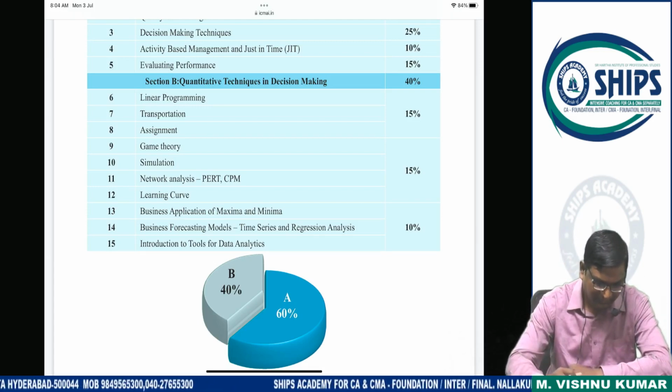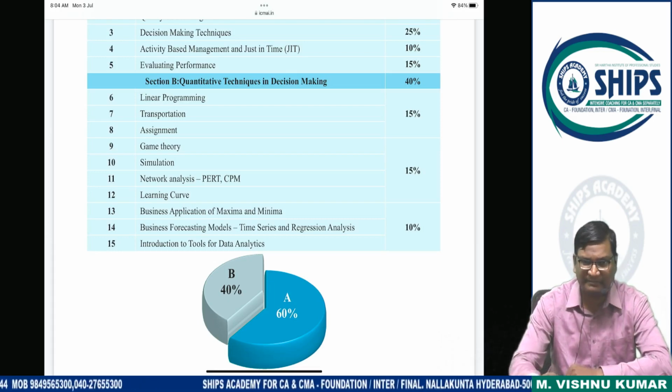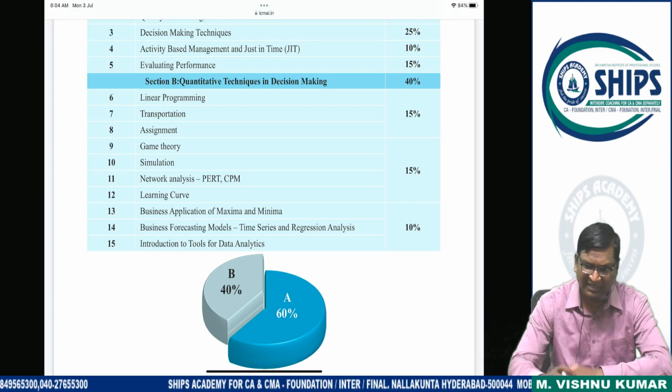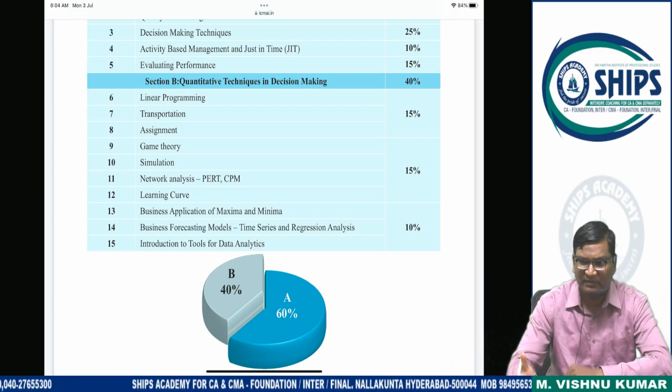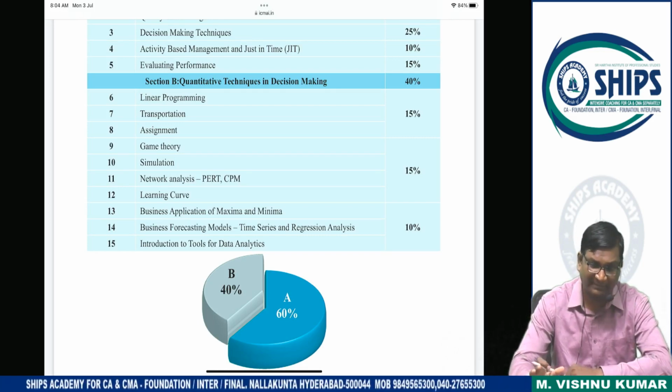After CMA final exams are over, there will be one class in the morning, one class in the evening. The evening class you should attend either face to face or live stream from your home.